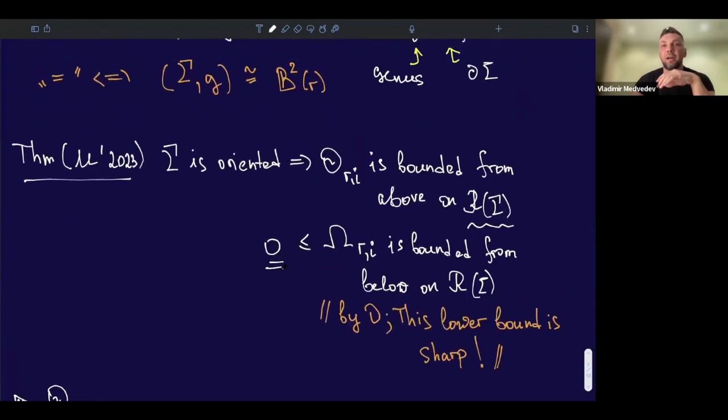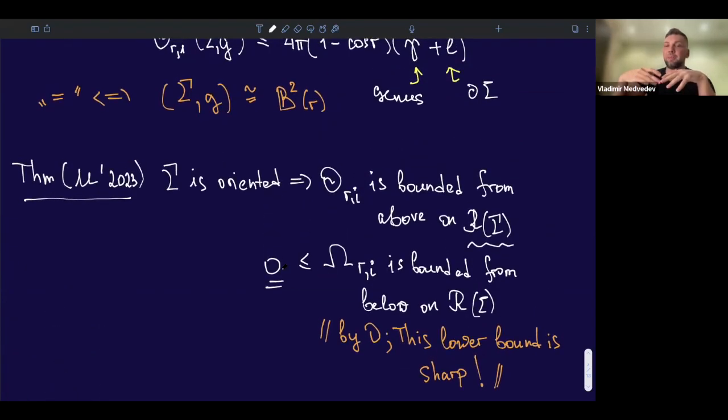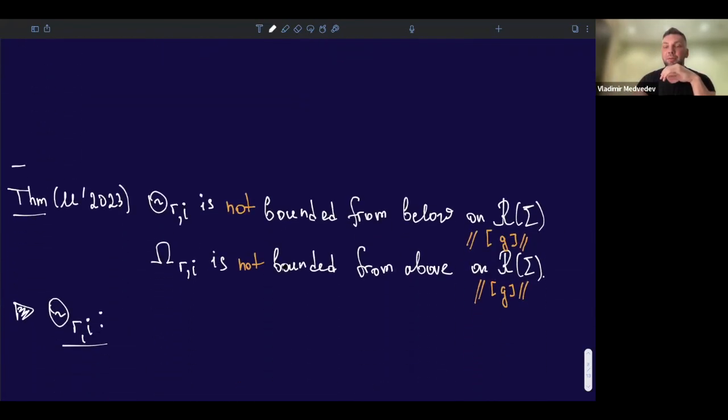Omega Ri is bounded from below, but is it possible to bound it from above? It turns out it is not bounded from above, omega Ri, for any i and for any R. Moreover, you can prove that omega Ri is not bounded from above even in the conformal class.